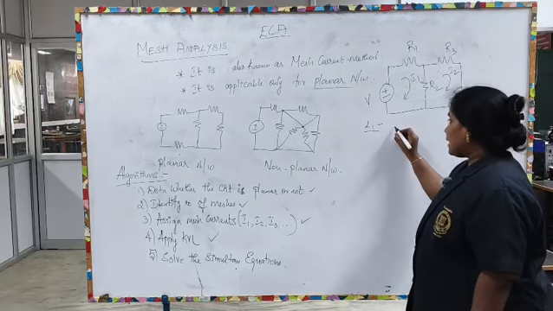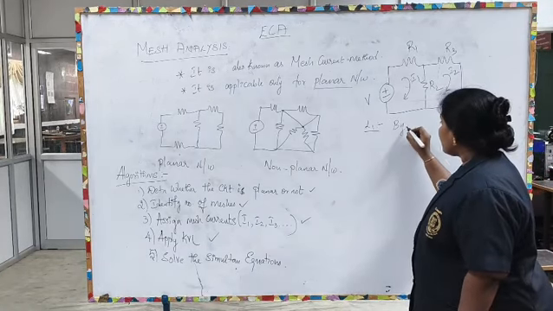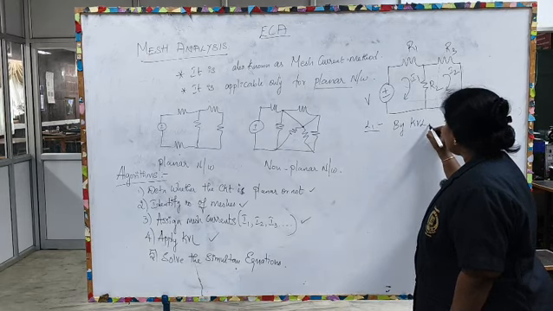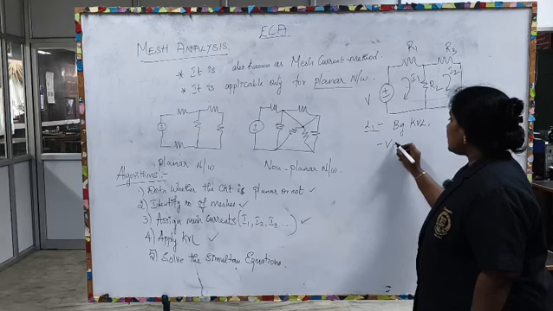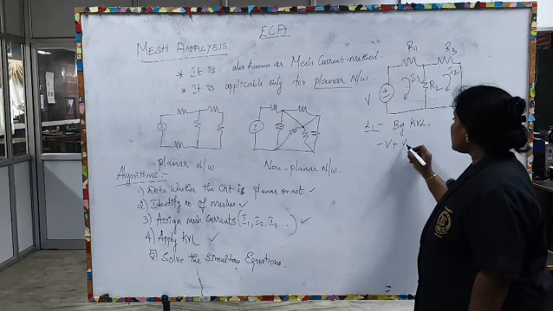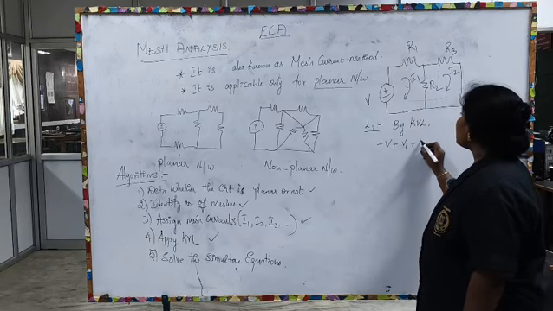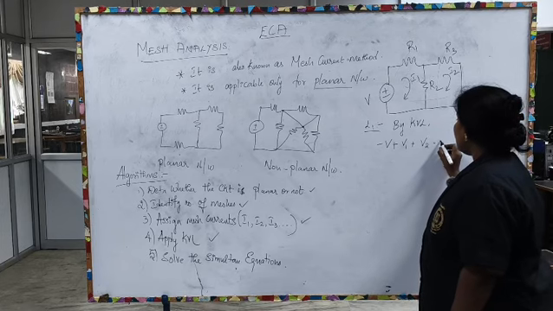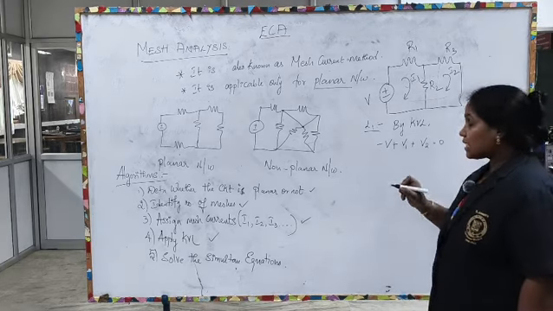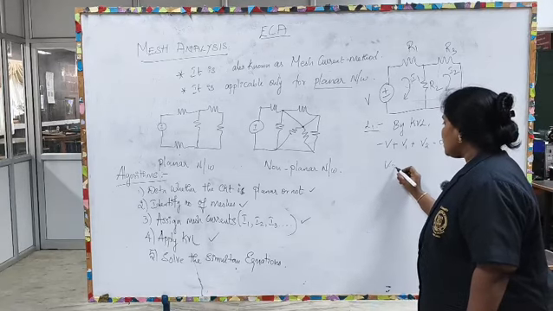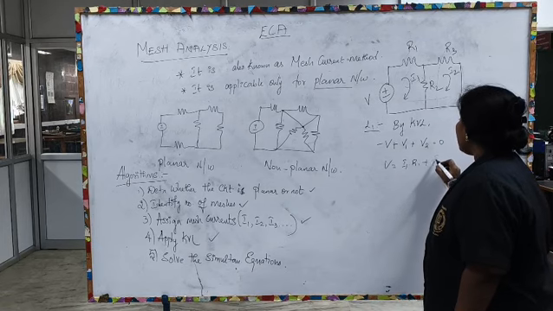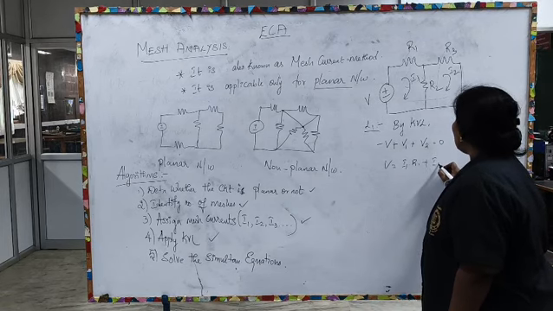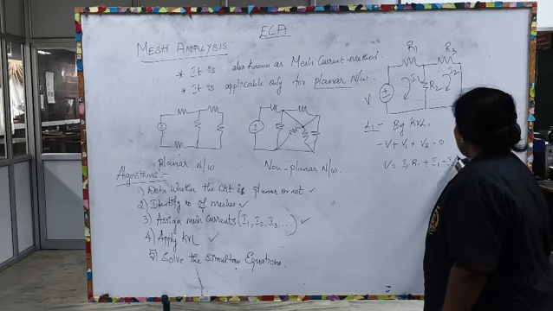So, by applying KVL in mesh 1, the equation will be minus V plus the voltage across resistor 1 plus the voltage across resistor 2, equal to 0, which can also be written as V equals I1 into R1 plus (I1 minus I2) into R2.